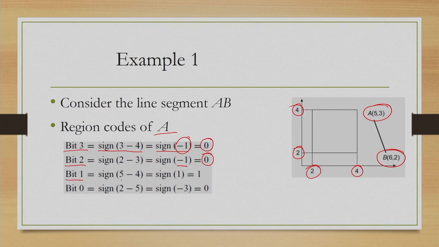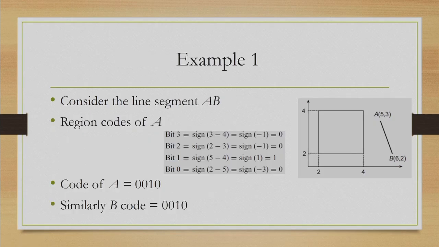Bit 1, this is a positive quantity 1, so it will yield 1, and bit 0, which is again a negative quantity, and we are taking the sign of it, so it will result in 0. So, our region code will be given by these bits, or 0 0 1 0. In a similar way, we can check for B, which is 0 0 1 0. It will be the same.